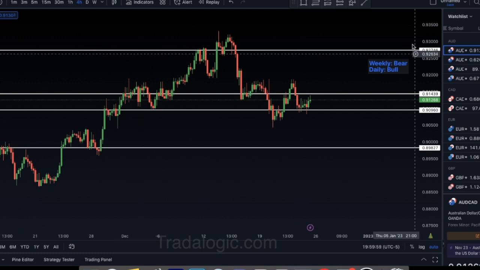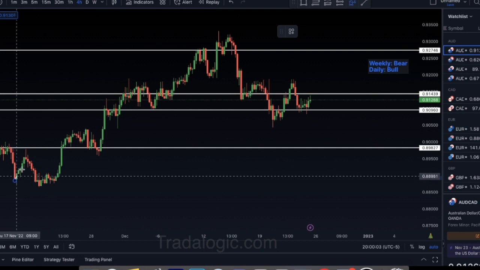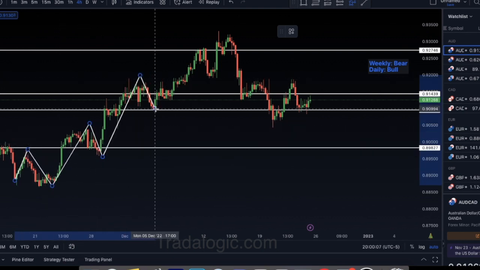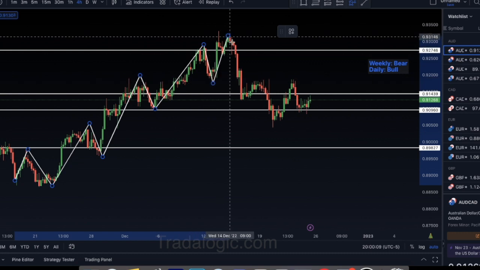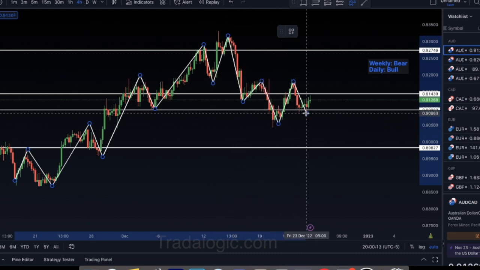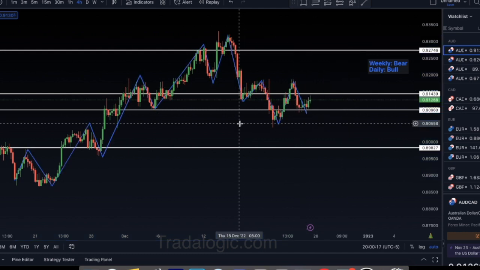So we're just gonna draw and find out together right now. As you can see, the trend has clearly shifted. It was bullish, and we just had a shift to bearish.